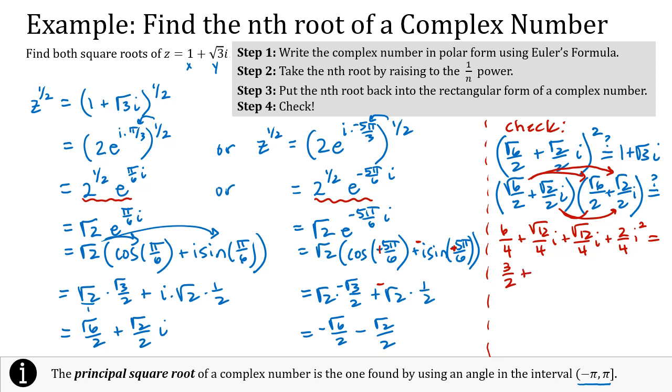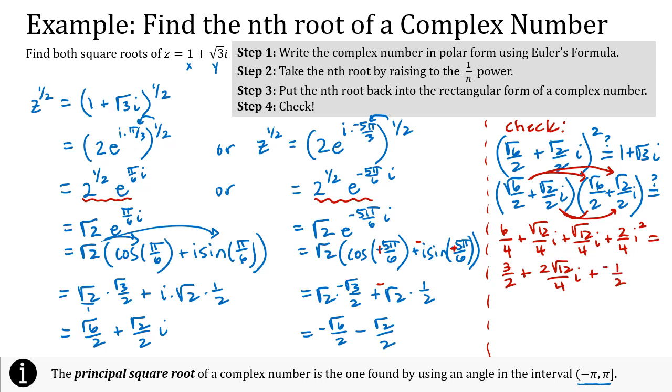And let's see, square root of 12 over 4i plus square root of 12 over 4i is just 2 square root of 12 over 4i's, plus 2/4 is 1/2, and I squared is -1. So this is going to be -1/2.